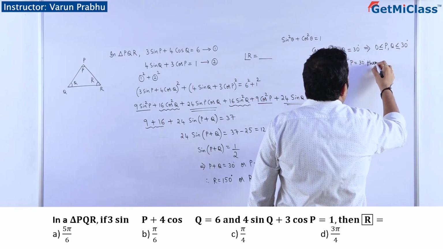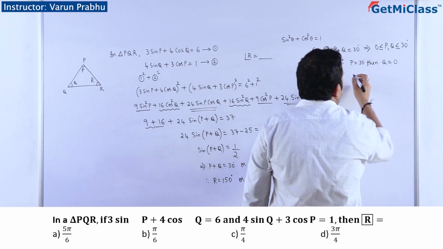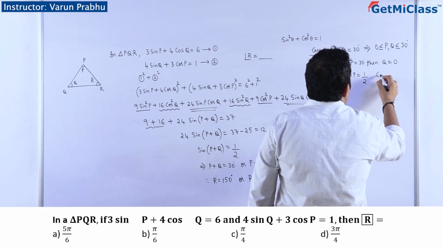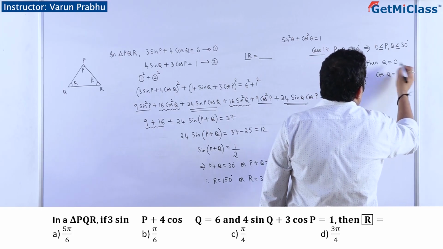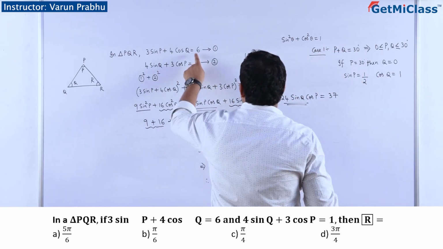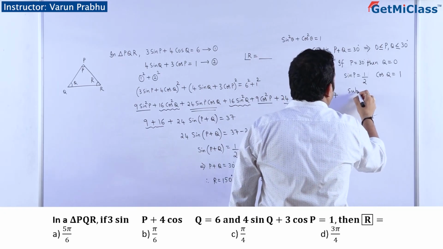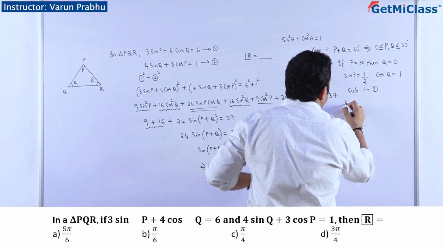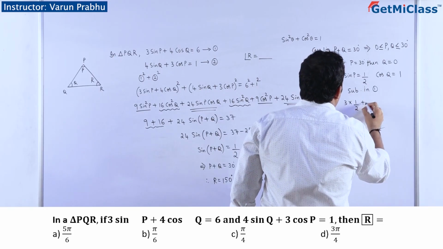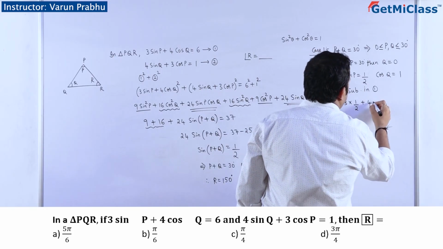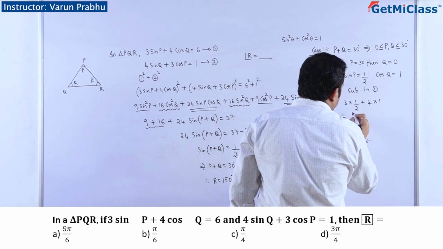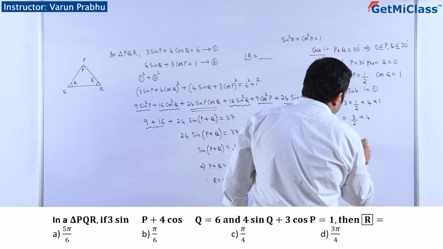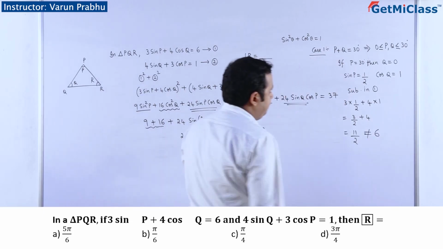then Q should be equal to 0. So sin P should be equal to sin 30, half, and cos Q should be equal to cos 0, that is nothing but 1. So substituting in equation number 1, 3 times sin P plus 4 times cos Q, we'll get here 3 divided by 2 plus 4, which is equal to 11 by 2, not equal to 6.